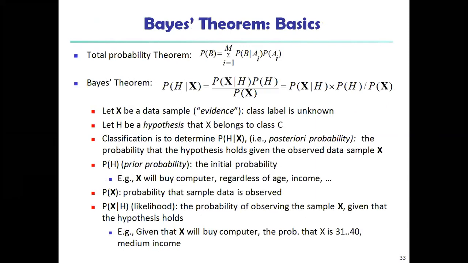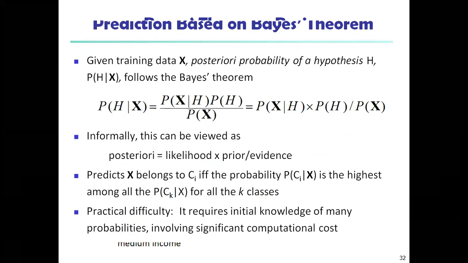So here we have to discuss the posteriori probability of a hypothesis H. P of H given X follows the Bayes theorem: P of H given X equals P of X given H into P of H divided by P of X. Informally, this can be viewed as posteriori equals likelihood into prior divided by evidence.